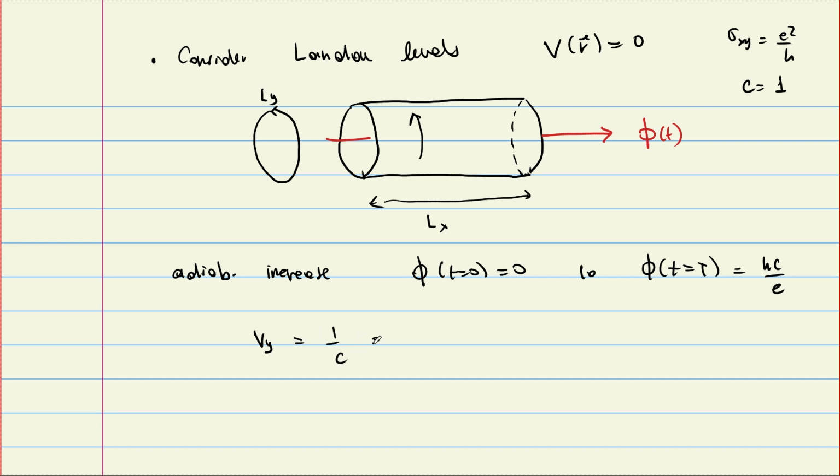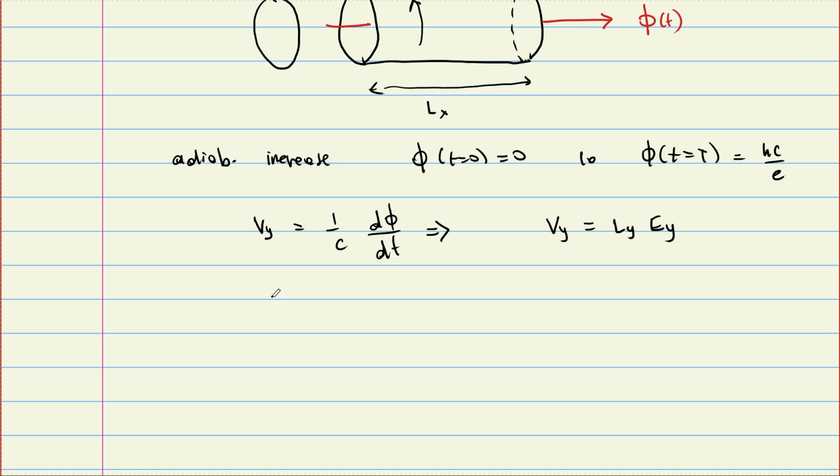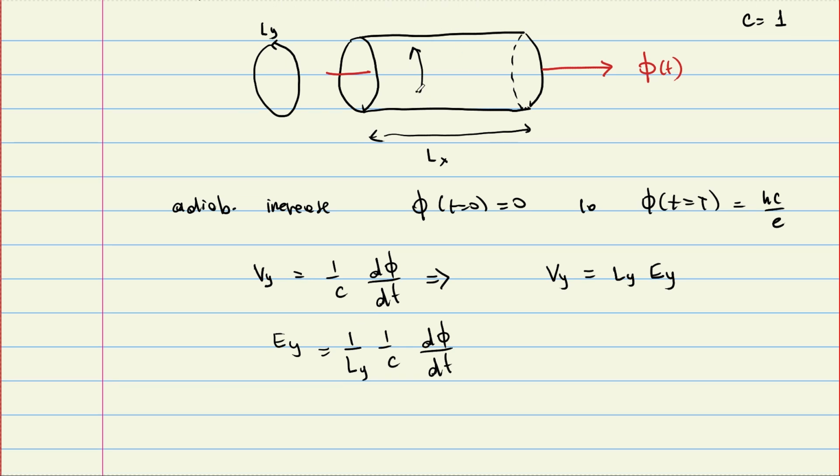In Gaussian units, it is 1 over c d phi dt, and we can also use V_y equal to L_y times E_y. Then E_y is equal to this thing times 1 over L_y. Now there is an electric field along the circumference, and any current perpendicular to the electric field is going to be a Hall current, and that's the one we are interested in.